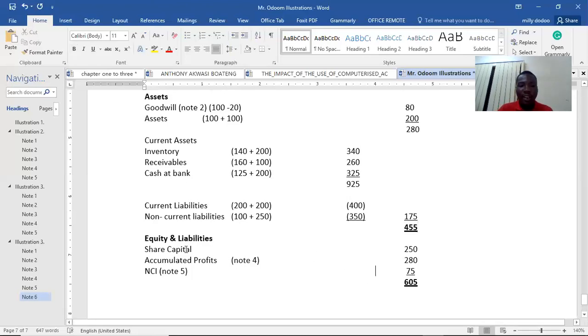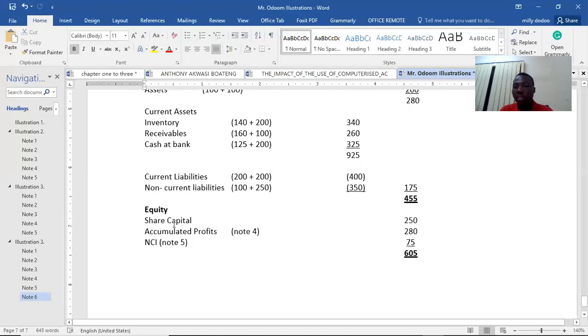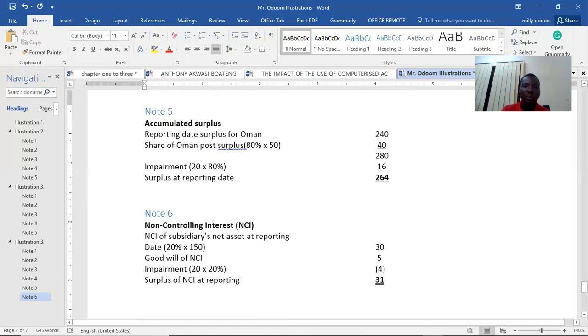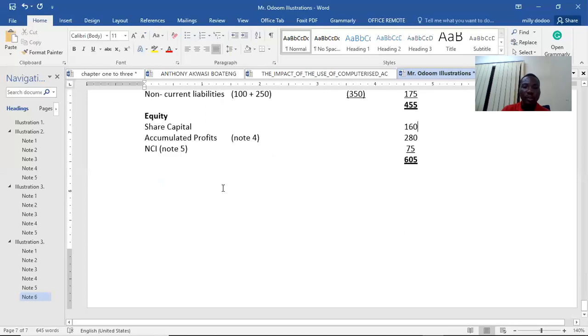Then you have your financed by, so I'm not doing it equity and liability, so I have only my equity. Share capital for Oman in the question is 160. Accumulated surplus is in note 5.